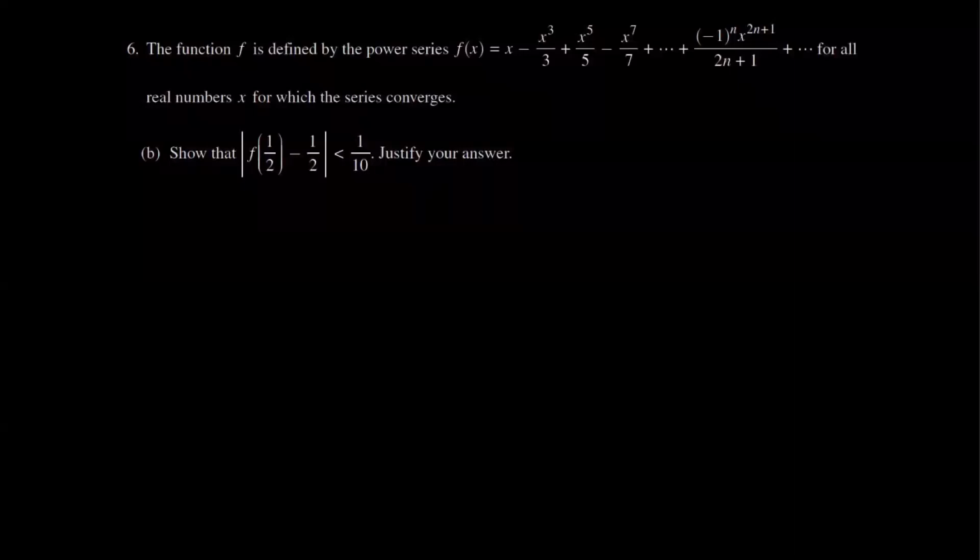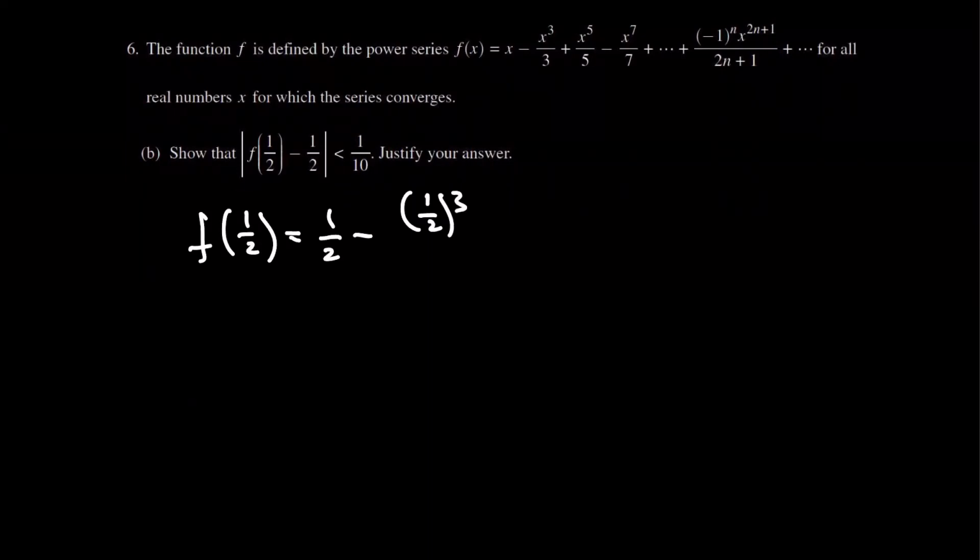In this question, we need to show that the absolute value of the difference between the function value at 1/2 and 1/2 is less than 1 over 10. And here, because the series for f at 1/2 is an alternating series whose terms decrease in absolute value to 0, f of 1/2 is equal to 1/2 minus 1/2 cubed over 3 plus and so on.